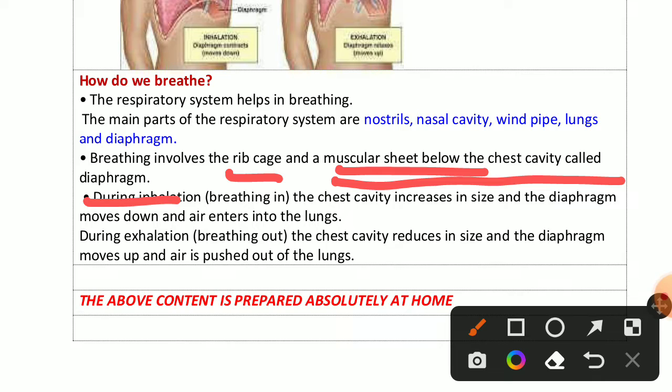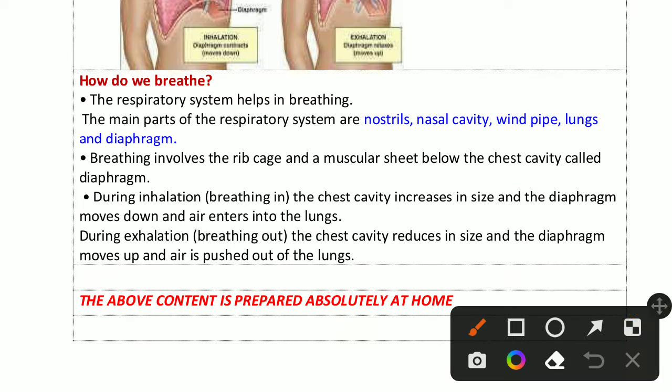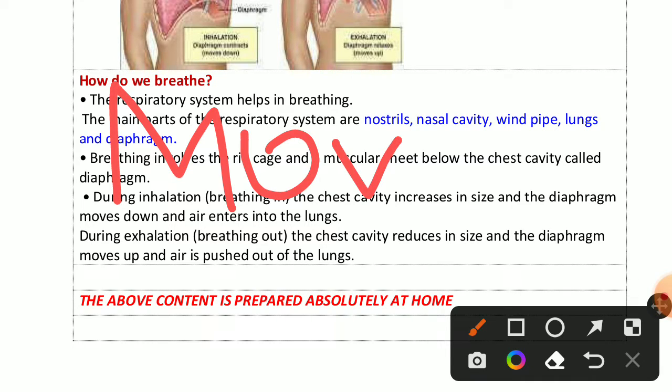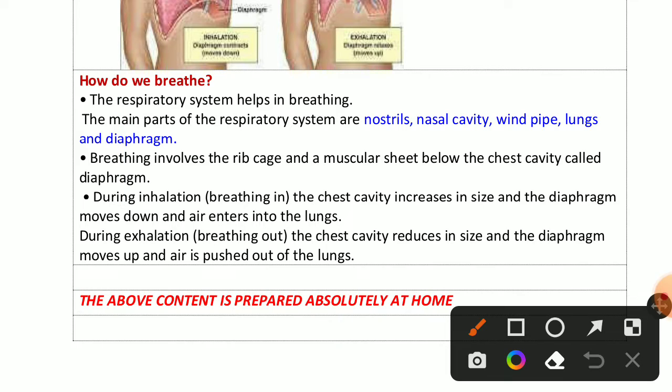This is the next point, the last point, the movement of the diaphragm. We are going to see about the moves of the diaphragm. First, when inhalation takes place, the chest cavity increases in size, and the diaphragm moves down.